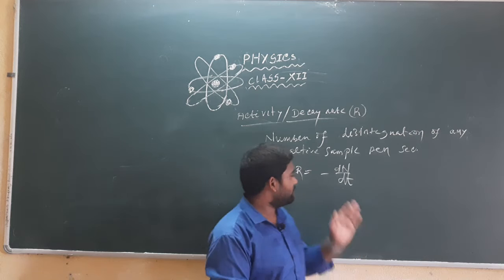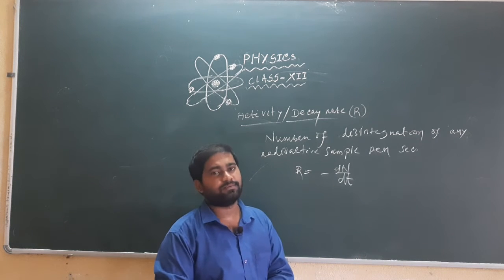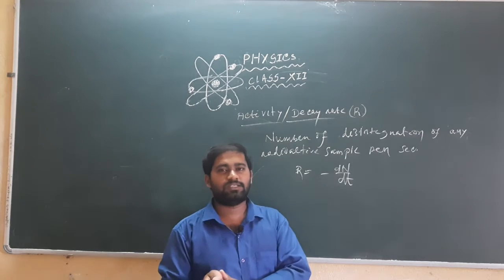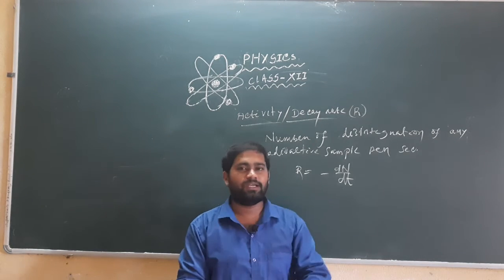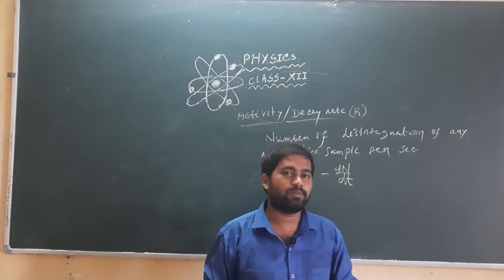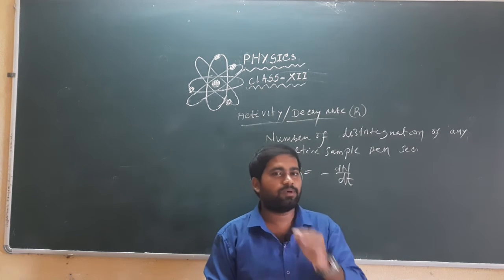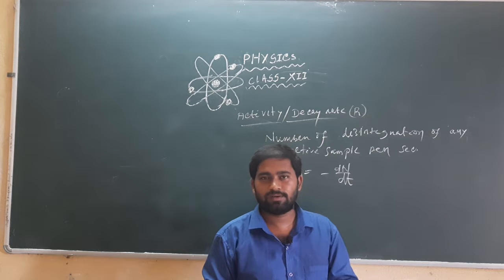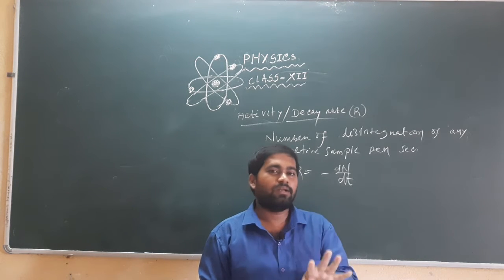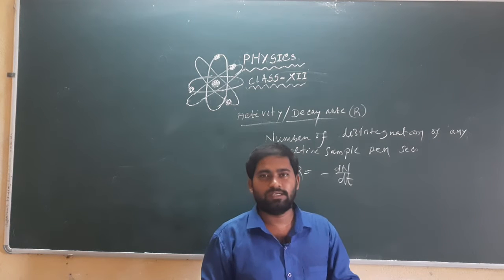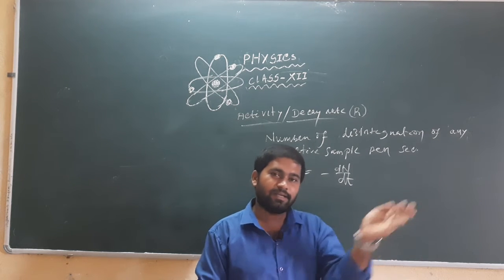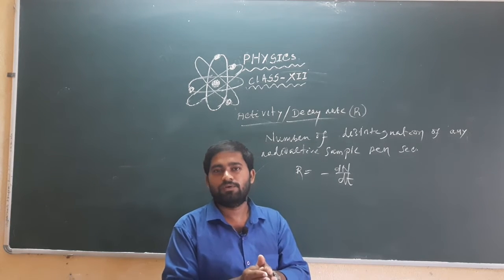The significance of the negative sign is that the number of samples decreases with the increase of time. As in the example of 100 samples, in 1 second 10 samples decay, so in the next second the number of atoms left will be 90, and in the next second from that 90 again 10 decay.